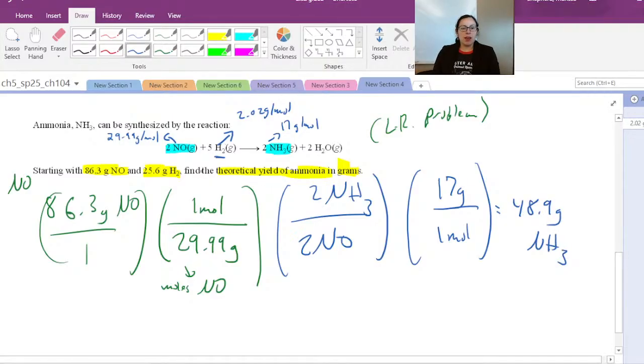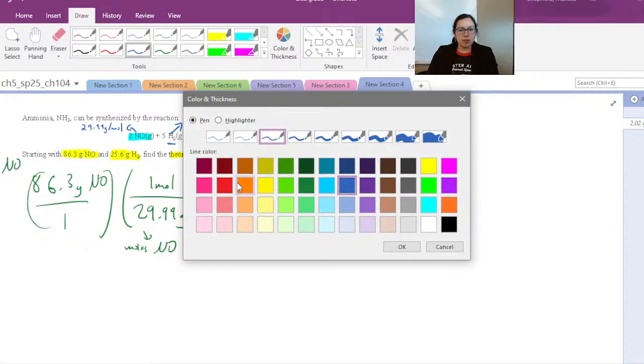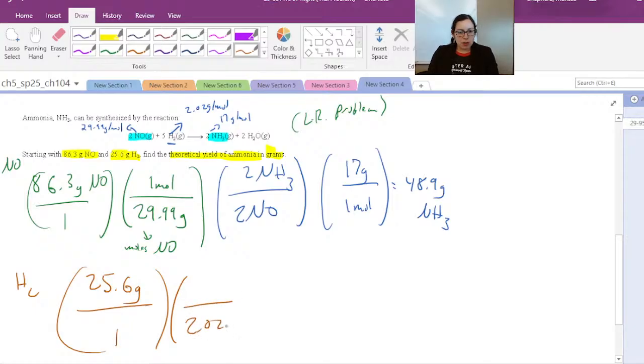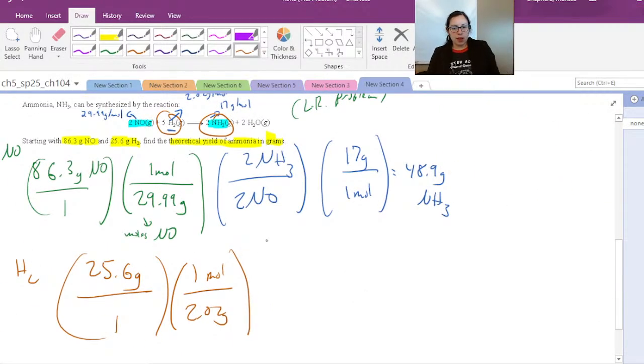And so then let's repeat that. We need to see, is this our limiting reagent or not? Same steps, just now with hydrogen. So H2, with 25.6 grams, divide by our molecular weight of roughly 2. Now when we compare, it's a 5-to-2 ratio. So just watch that.